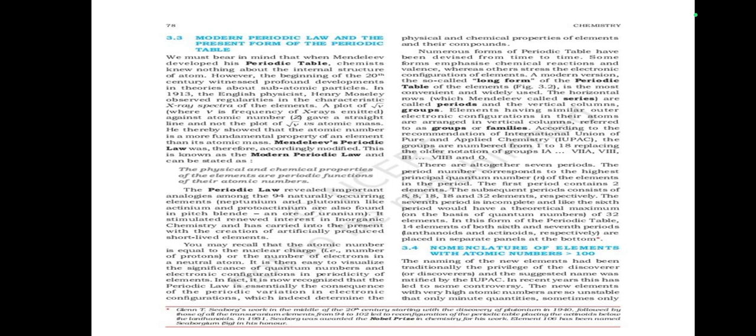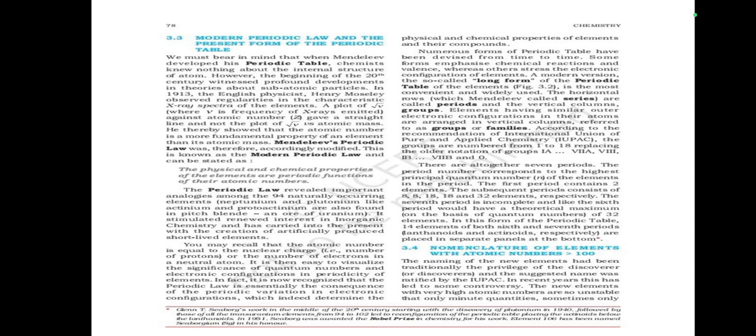He thereby showed that the atomic number is a more fundamental property of an element than its atomic mass. Mendeleev's periodic law was therefore accordingly modified. This is known as the modern periodic law and can be stated as: the physical and chemical properties of elements are periodic functions of their atomic numbers.